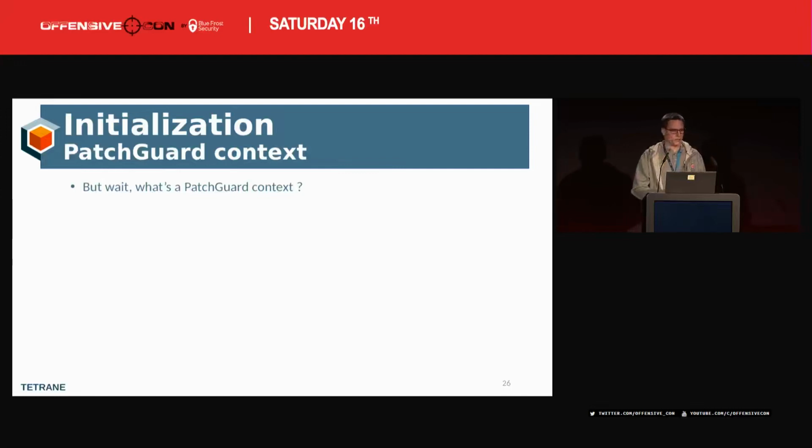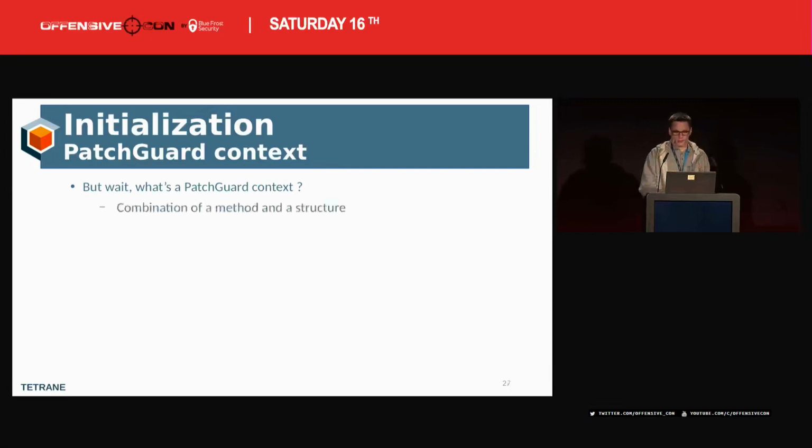But I talked about the PatchGuard context, and now I will try to describe what it is. In the literature, PatchGuard context is used to describe a full structure that is used by PatchGuard to perform checks, random checks and not random. And actually, most people tend to extend this name by also including the method that is used, because when someone says I found a PatchGuard context, they don't say I found the PatchGuard context structure, they say I found a whole process of PatchGuard.